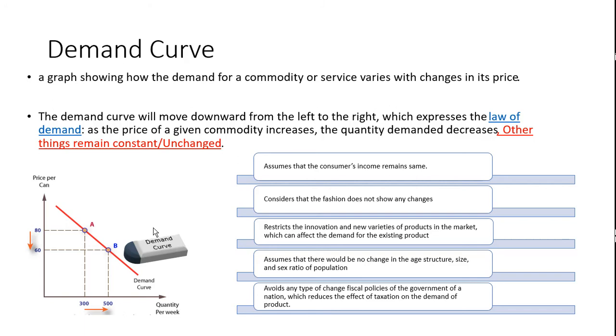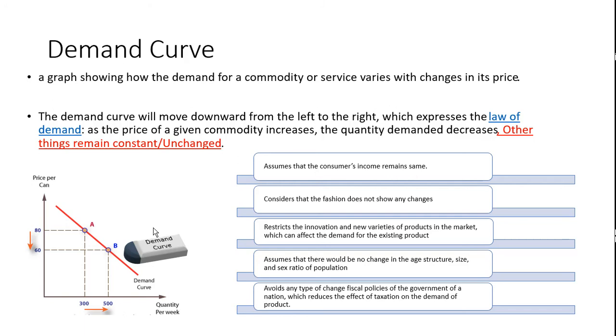In Pakistan or India, people used to use rickshaw services, but since the introduction of Careem, people stopped using rickshaws, and the demand for rickshaws decreased. Although rickshaw drivers now decrease their price, they will not get the same quantity demanded. So if there is an innovation, the law of demand will not be applicable. If there is a change in fashion, the law of demand will not be applicable. If there is a change in income, the law of demand will not be applicable.